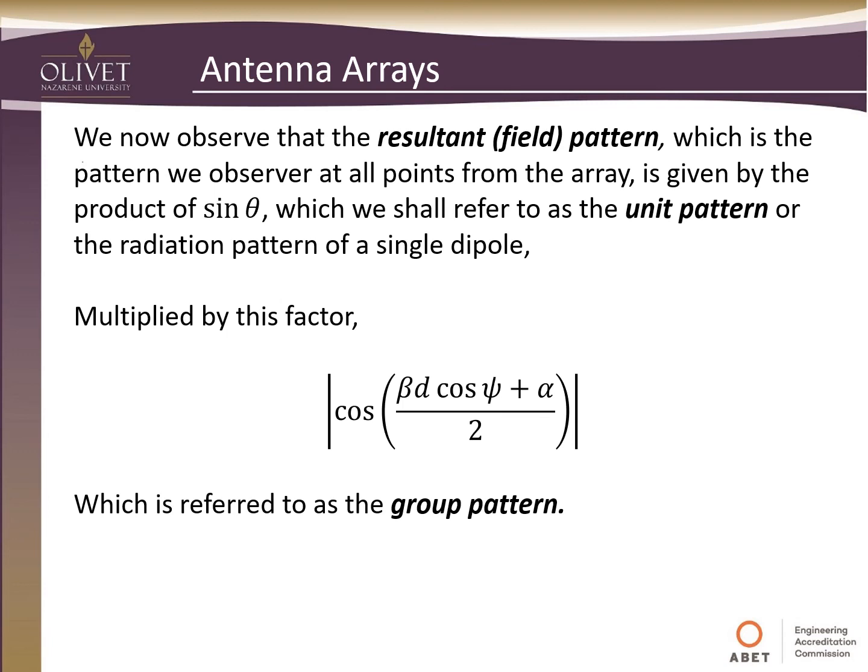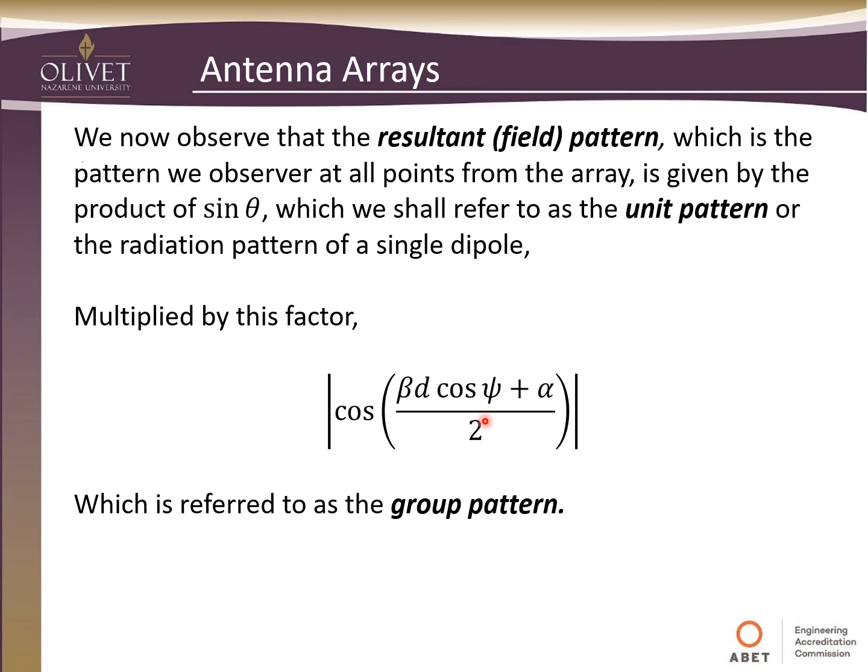So we now observe that the resultant field pattern, this is the pattern that we observe at all points from the array, is given by the product of sine theta, which is basically the unit pattern, or the pattern of just a dipole, multiplied by this group pattern, which is this cosine factor we saw before. So we have two different things going on.